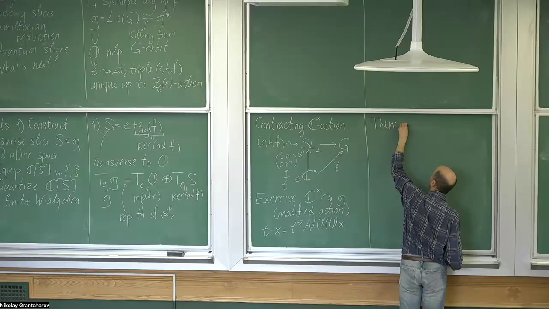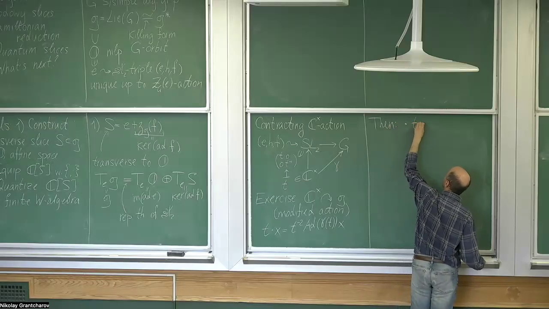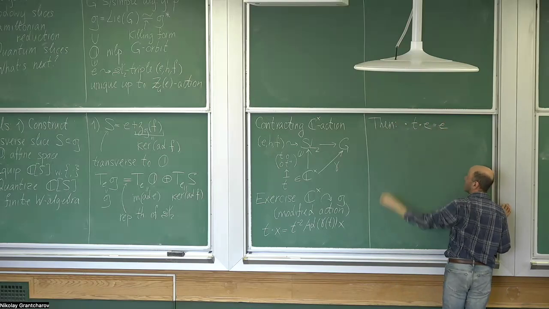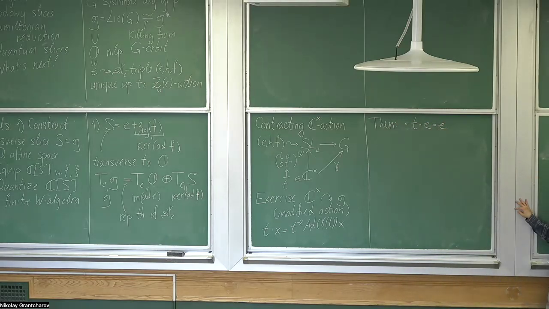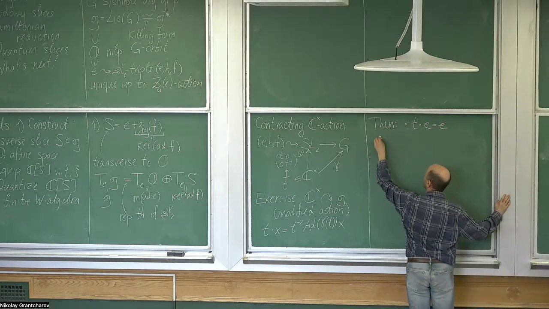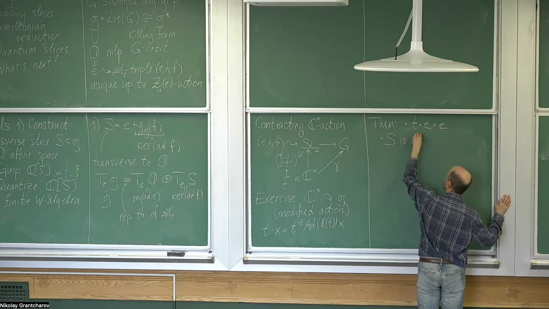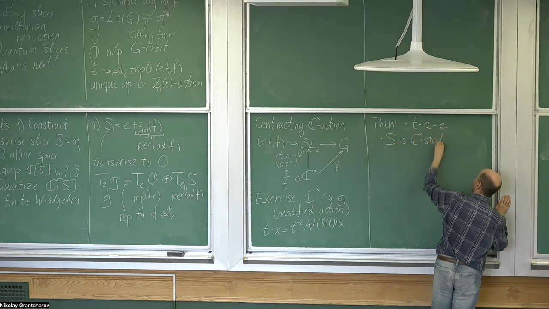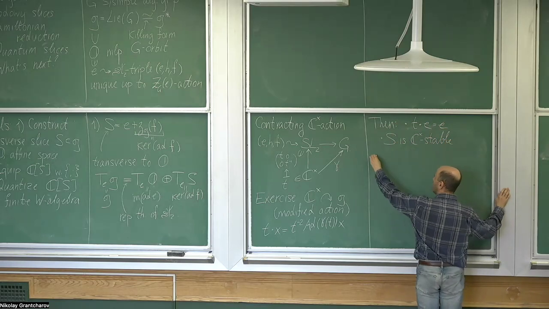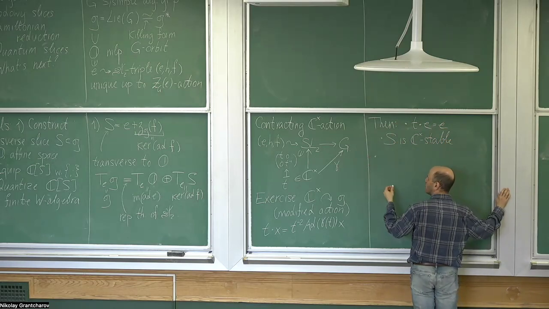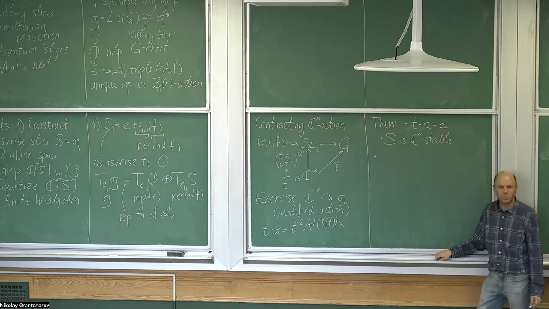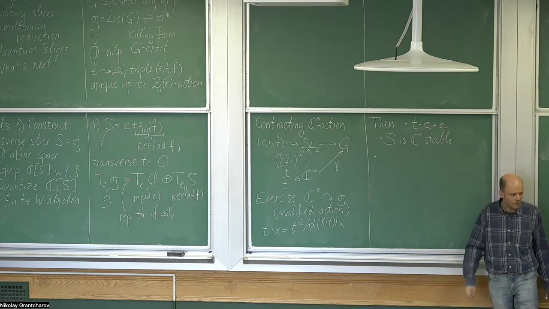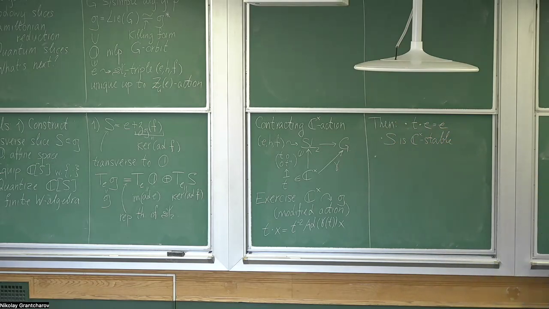First of all, t applied to e is equal to e. Second of all, S is C star stable. And finally, and perhaps most importantly, the action contracts every element of S to e.